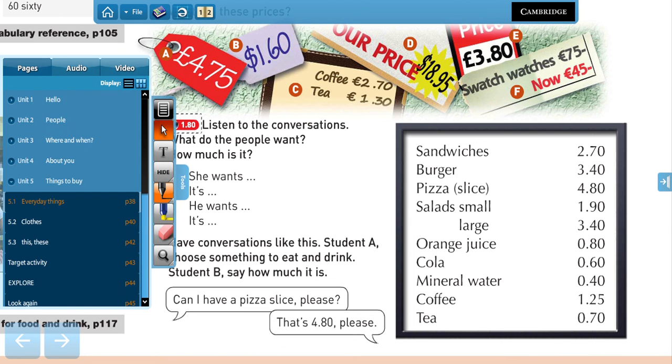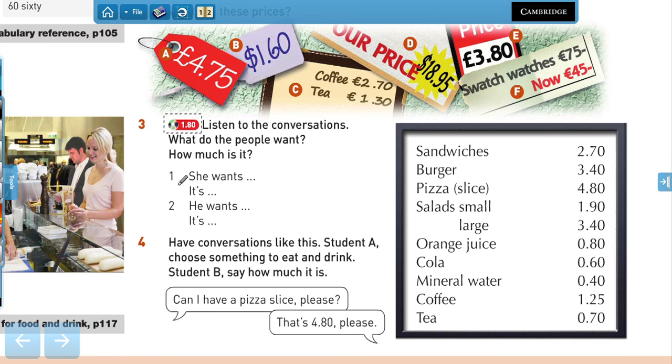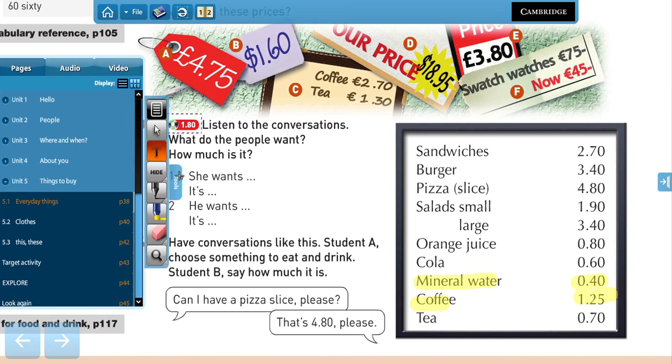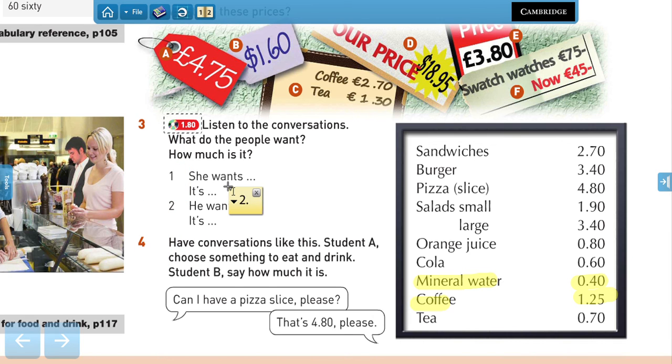Okay, so the first lady, she asked for 2 coffees and a mineral water, right? A mineral water. That's 40 cents. And the final price, when we talk about the price, that's 2.90, right? That's the end price.